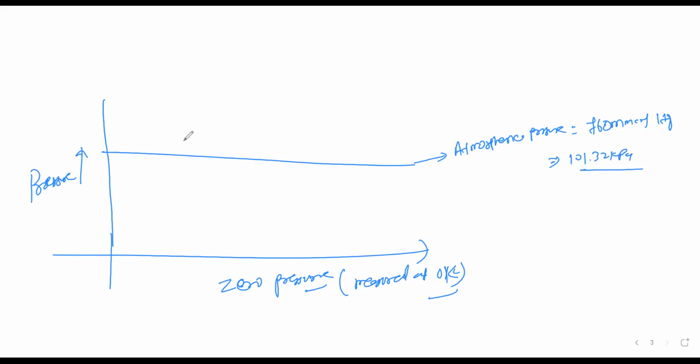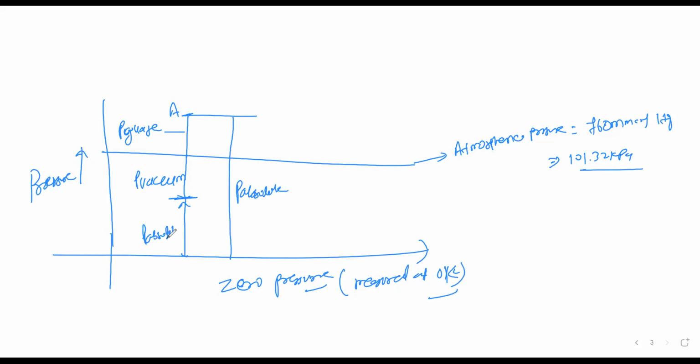The pressure which is more than atmospheric pressure is called gauge pressure, P gauge. And the pressure which is below the atmospheric line is called P vacuum pressure. So there are two types of pressure, gauge pressure and vacuum pressure, and another one is called absolute pressure, P absolute.